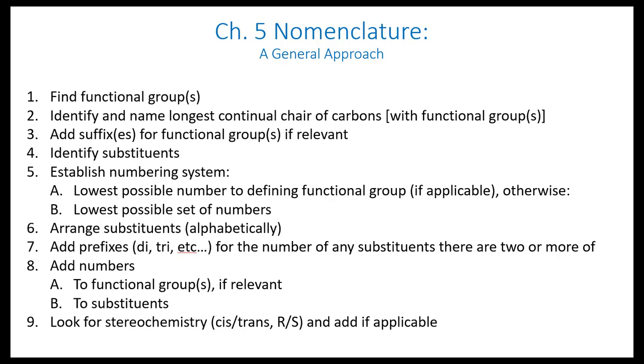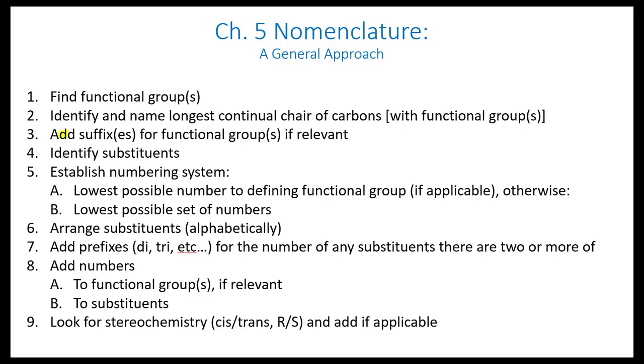But if we wanted to break naming down into steps, the first thing that we want to do now is to see if there's any important functional groups that will define the suffix of the name or the identity of the molecule. And then to identify the longest continual chain of carbons that has that functional group or those functional groups, and to make a name for it.